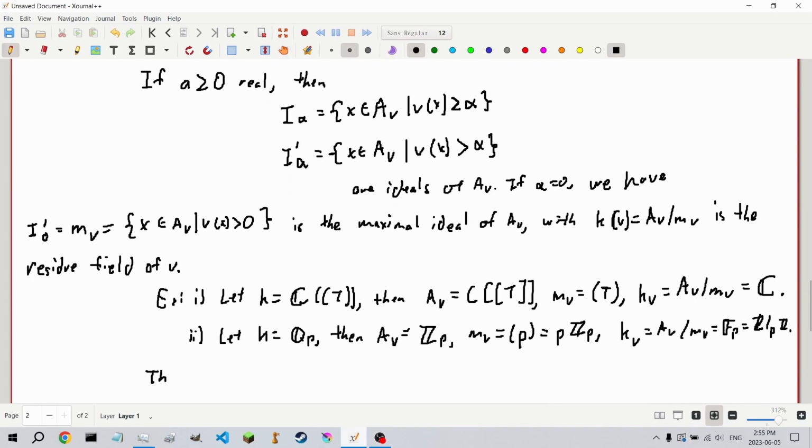Alright, so let's move on to another theorem here. We're going to let the absolute value of x be an ultrametric absolute value on the rationals.